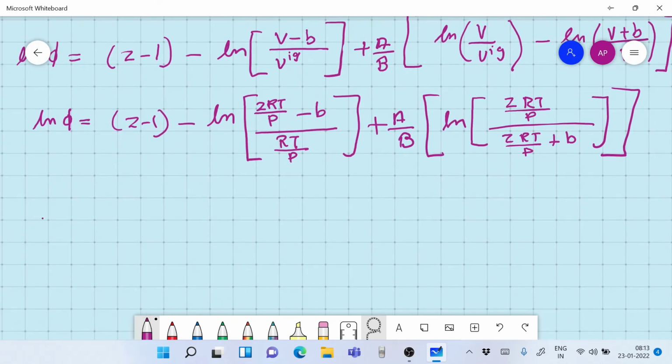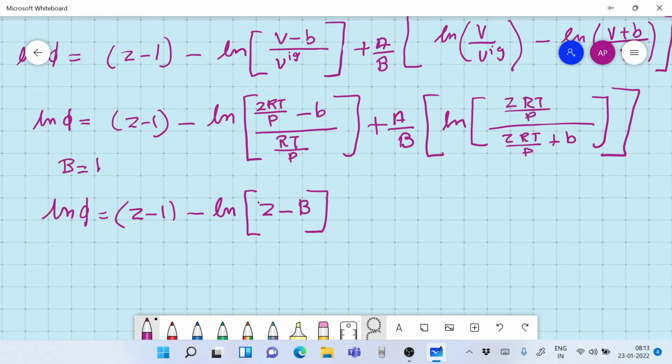Now we have a very neat little expression in z, which is nothing but z minus 1 minus ln of (z minus B), because we remove RT by p common, and we also know that B is equal to bp over RT.